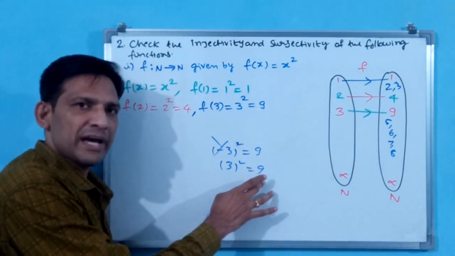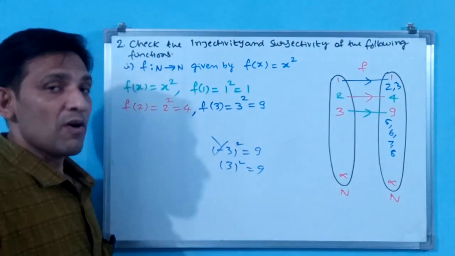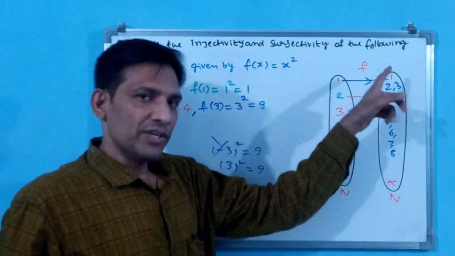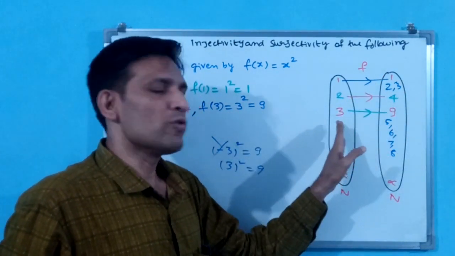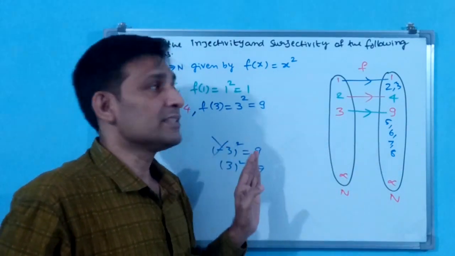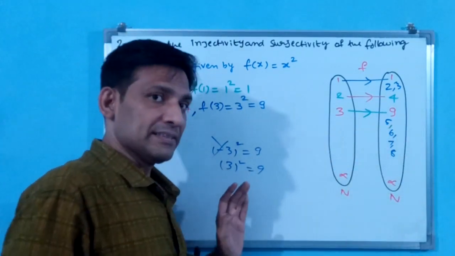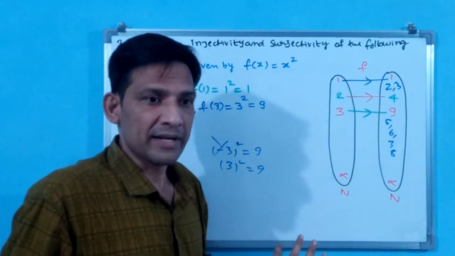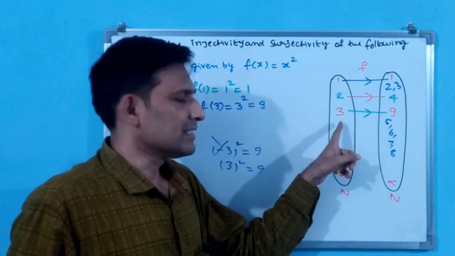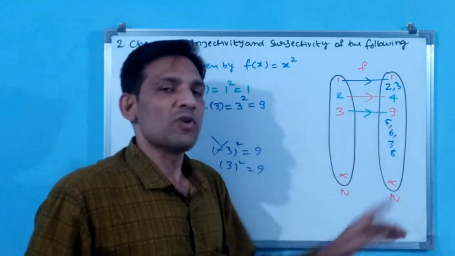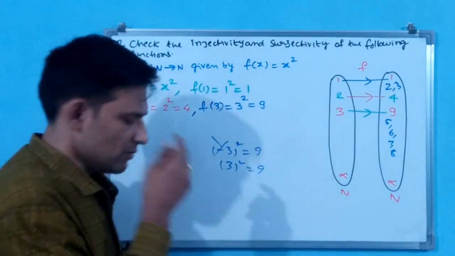Then for becoming 9, you have only one option, 3 only you have to give as input. That means what you can understand: for each image there is a possibility of having only one pre-image. Then this is going to become injectivity. See, we have come in reverse, because we may have to come in reverse, or else we cannot understand the concepts. Then we can understand that only a one-one relation is available here. That is why this function is an injective function. That we have to write.